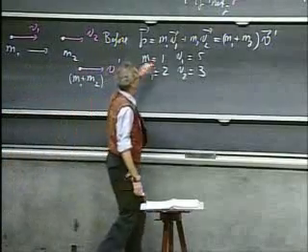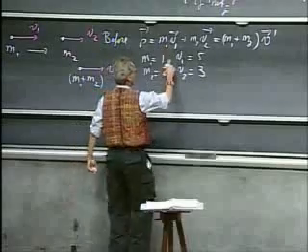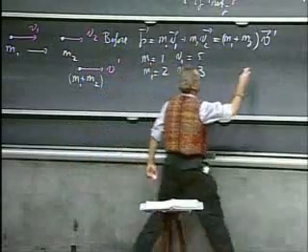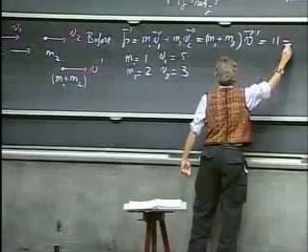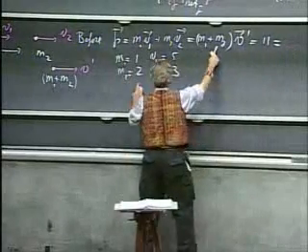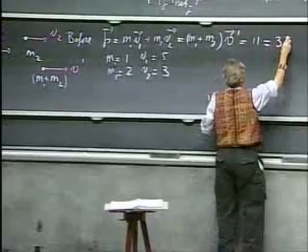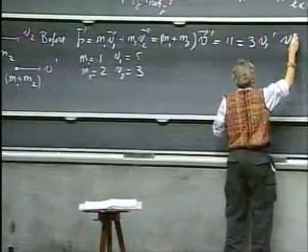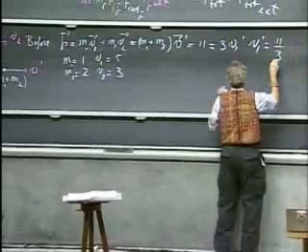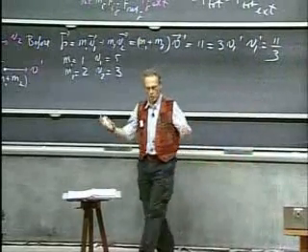Then you see, since they're both in the same direction, momentum here is 5 plus 6 is 11. So this is 11. And this is 1 plus 2 is 3. So that is 3 times v prime. And so v prime is 11/3 meters per second. So the conservation of momentum tells you what the speed is after the collision.